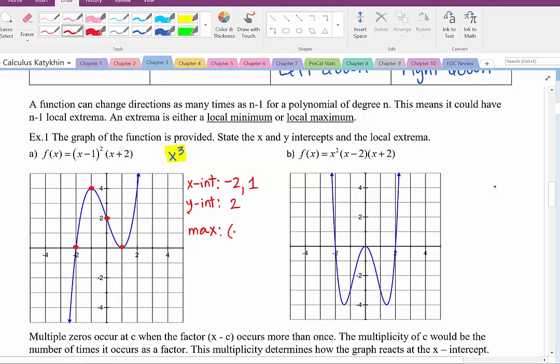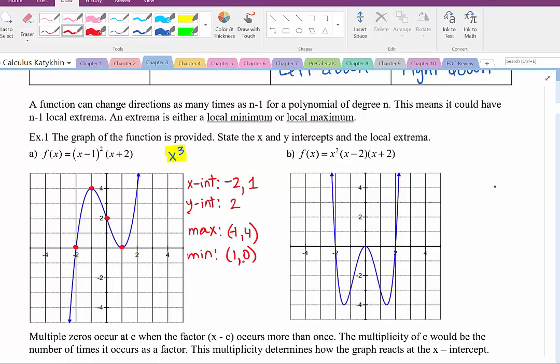So that's exactly how we're going to write it. And our minimum, or local minimum, is going to be located where we already have the dot, which is 1, 0. So that gives us an idea where the x and y intercepts are, and max and mins.